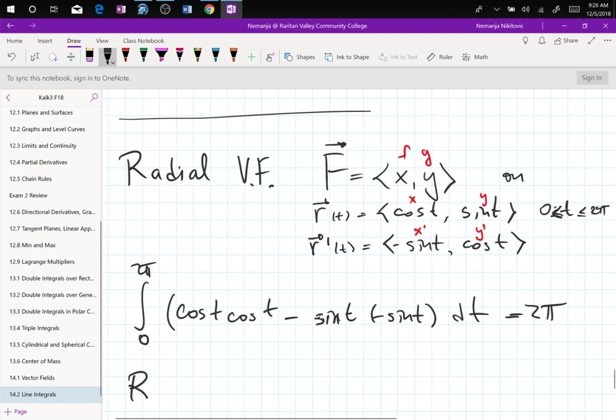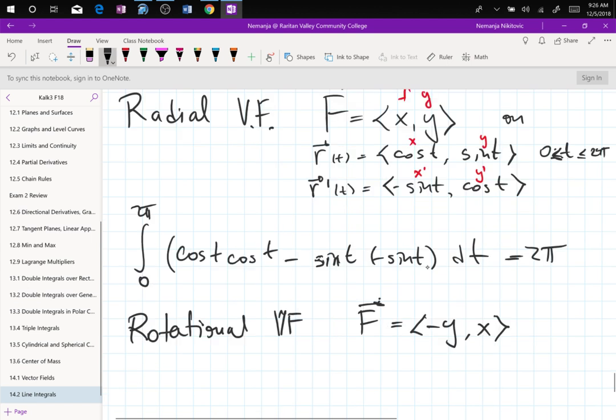So, rotational example. Our vector field is negative y, x, and our r is still cosine t, sine t.